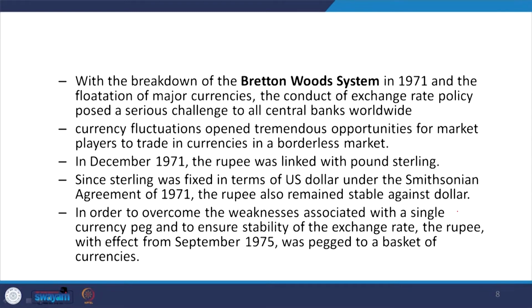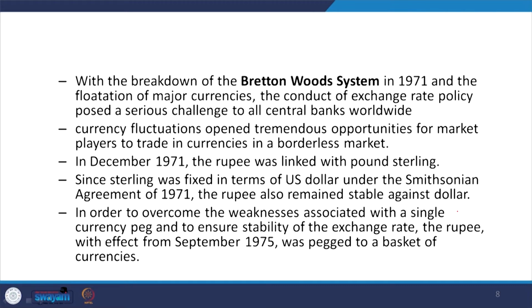Now, in order to overcome the weakness associated with a single currency peg and to ensure stability of the exchange rate, the rupee, with effect from September 1975, was pegged to a basket of currencies in the world. So, it is not just pegged or linked to pound sterling or dollar.